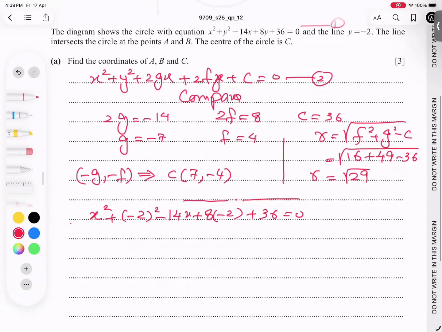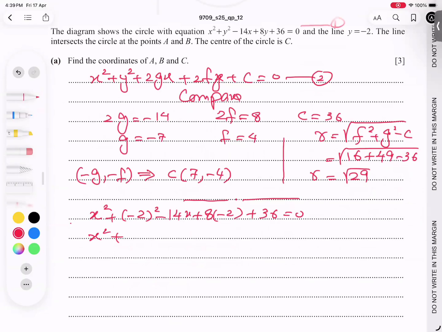I'm getting here x squared plus 4, -14x, -16, plus 36 is equal to 0. So 36 plus 4 is 40. Out of 40, 16 gone, 24. I got x squared minus 14x plus 24 is equal to 0.